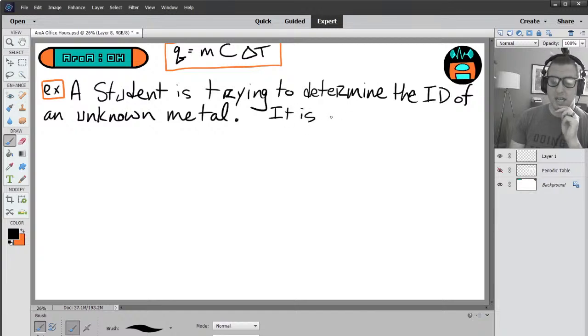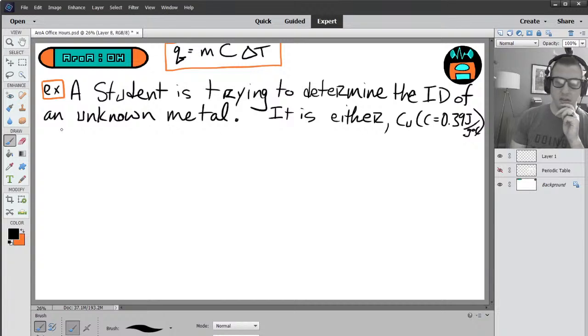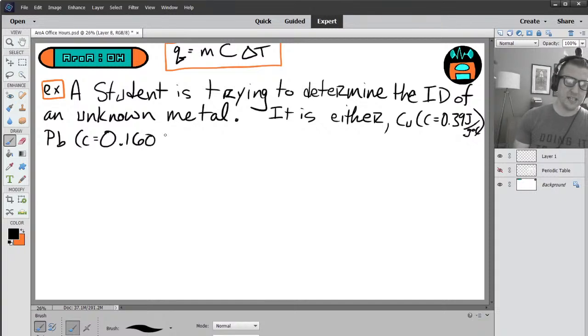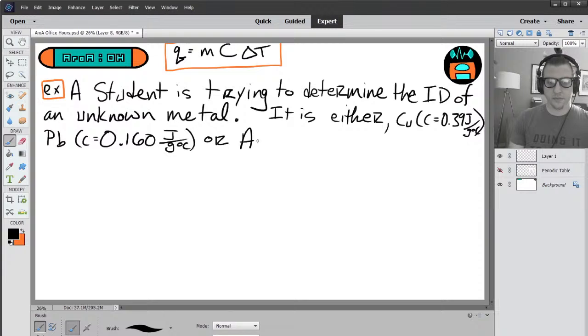It is either copper, which has a specific heat capacity of 0.39 joules per gram degree C, lead, with a specific heat capacity of 0.160 joules per gram degree Celsius, or gold, with a specific heat capacity of 0.129 joules per gram degree Celsius.